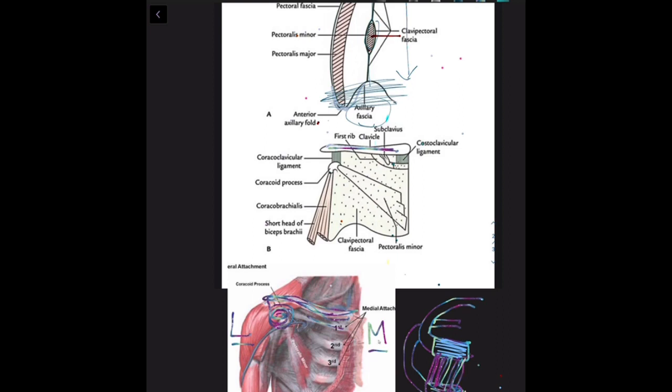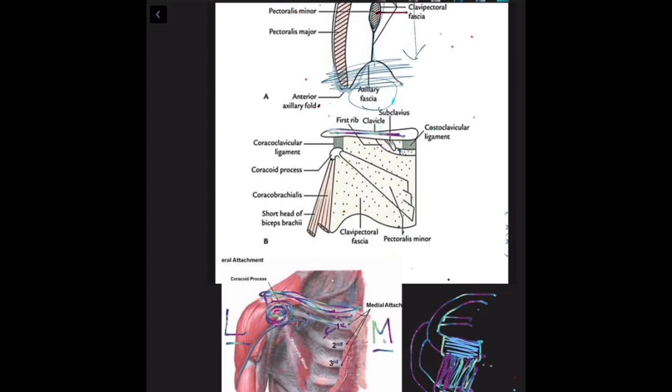You have the subtypes like external intercostal membrane, internal intercostal membrane, and innermost intercostal membrane, which you will learn in the thorax topic. The outer layer is the external intercostal membrane, present between the costal cartilages.